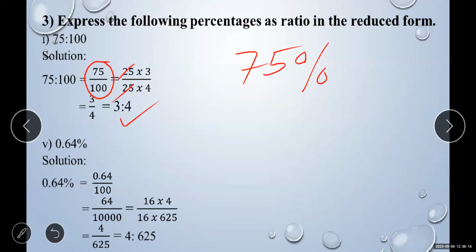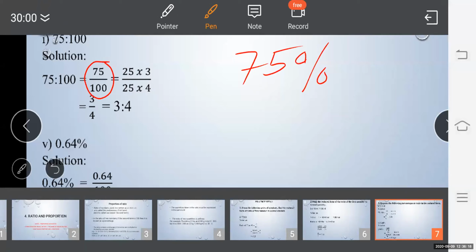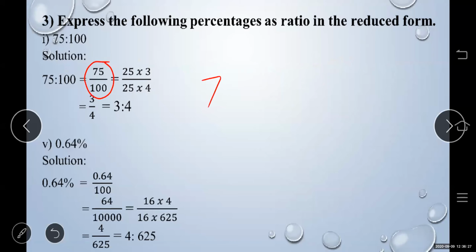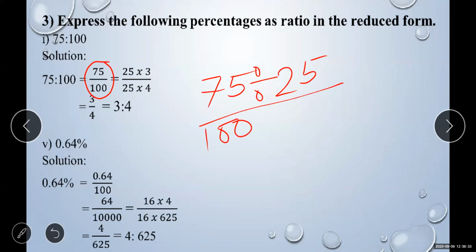If you want to do it in division form, you can easily do it. How? Divide that 75 by 25, and divide the 100 by 25 again. Just remember that whatever you are multiplying or dividing, it should be with the same number.